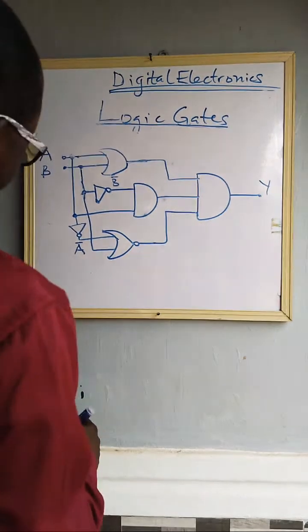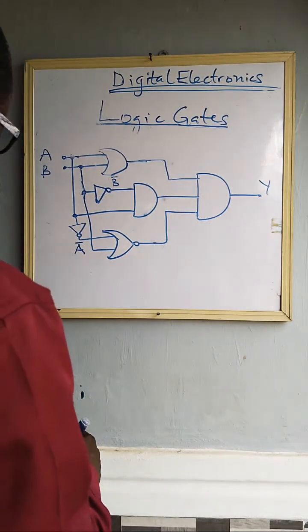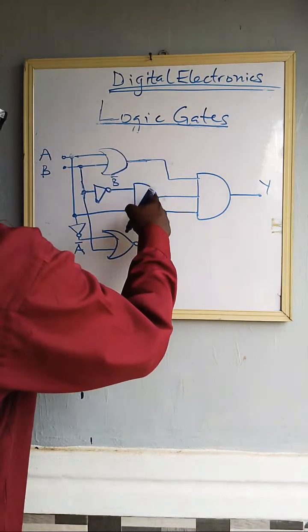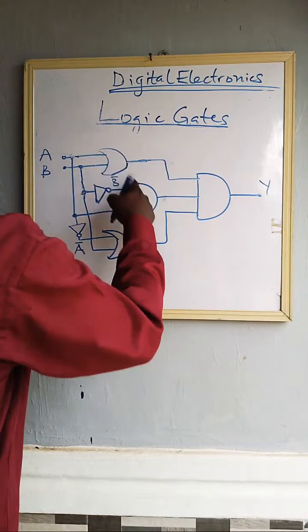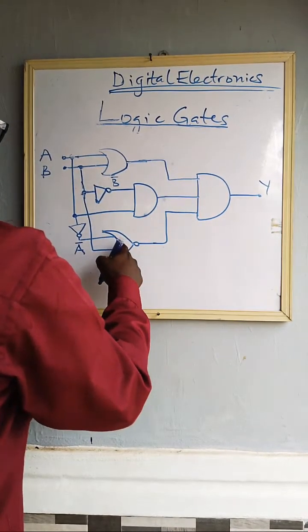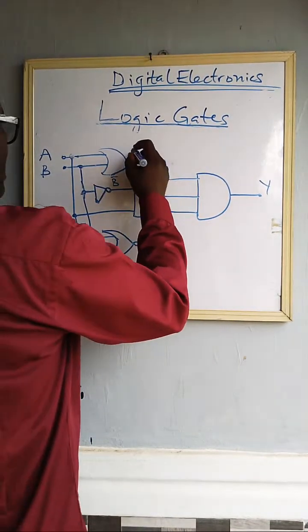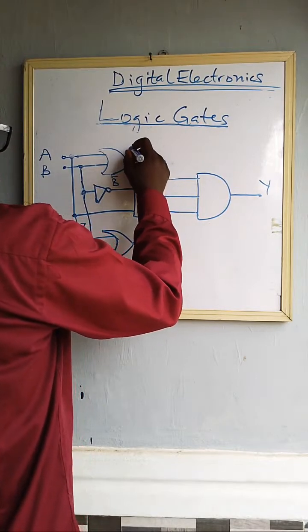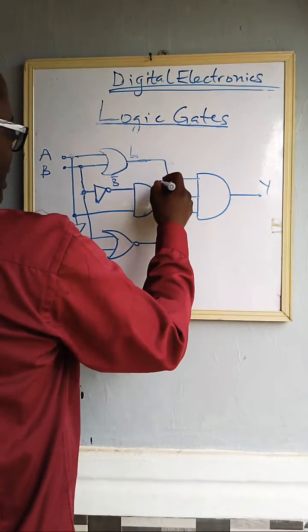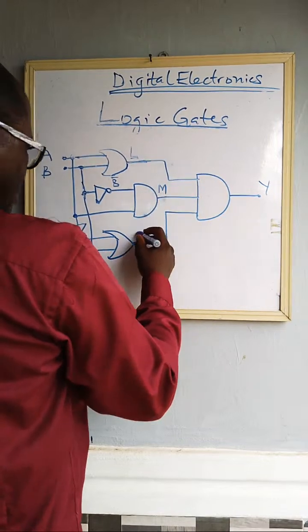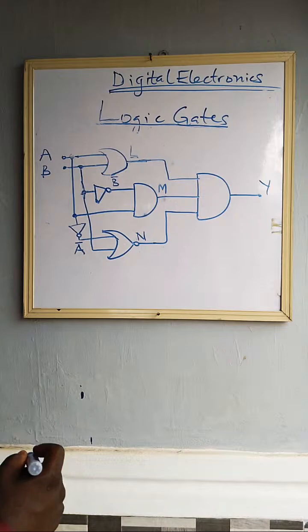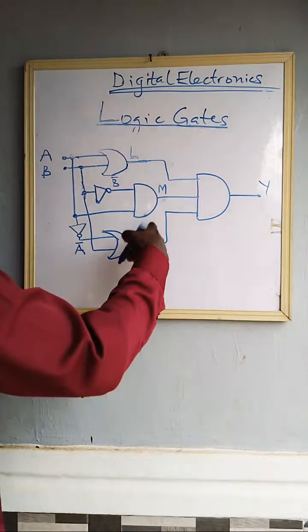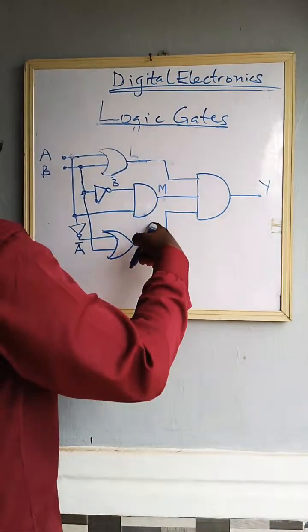Okay. And so, each gate will have its own output, the intermediate gates, the OR gates, the AND gates, and the NOR gates. So let's call the intermediate output here L, here M, and here N. So we're going to look at what we're going to get at these 3 points.